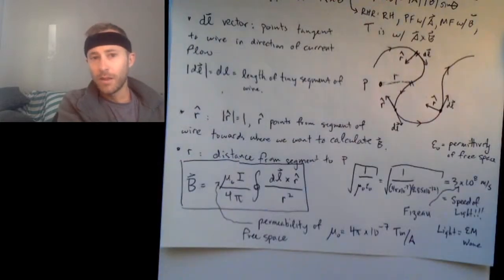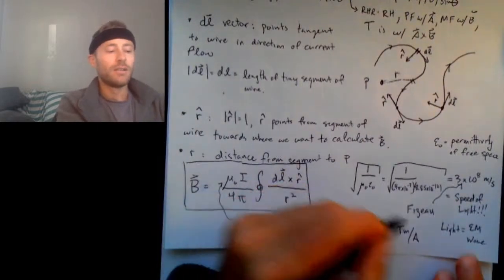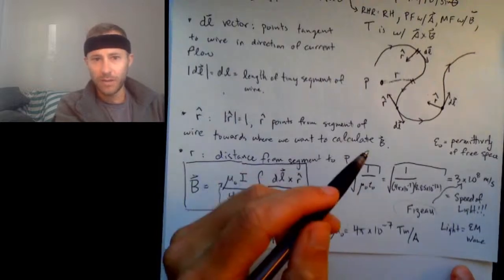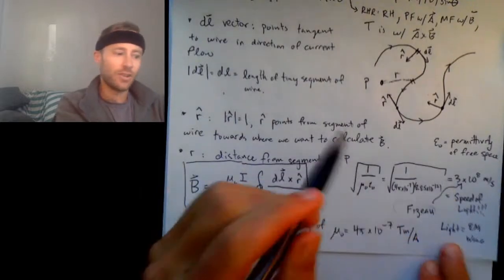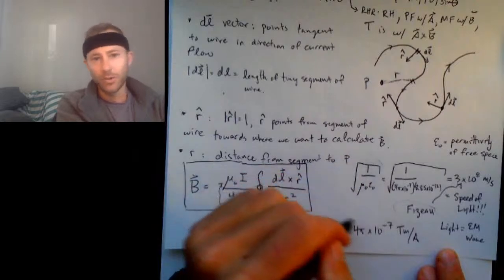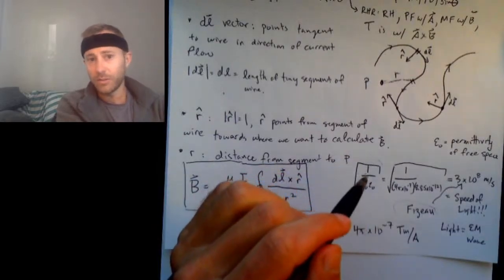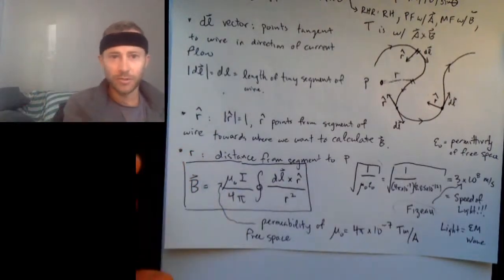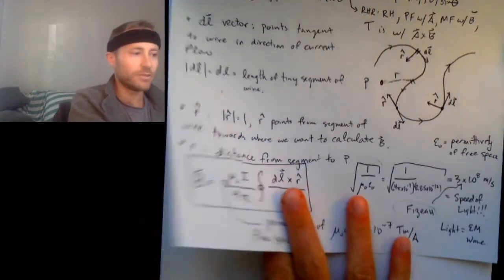Okay? That was purely a guess, based on the fact that Fizeau's experiment resulted in a speed that was the same as his own calculation of the speed of electromagnetic waves. Pretty cool. And then further experiments showed that that was in fact the case.